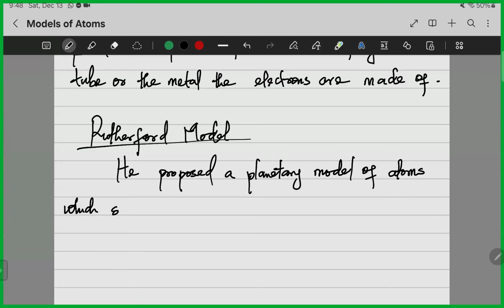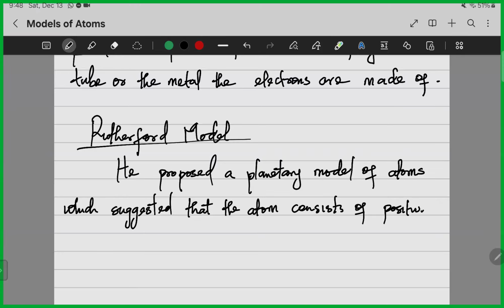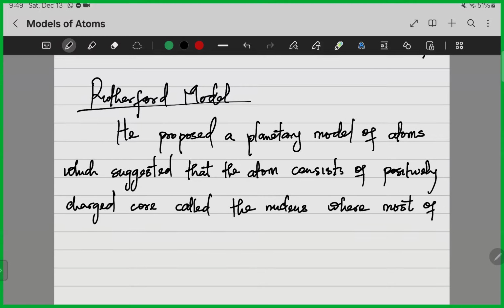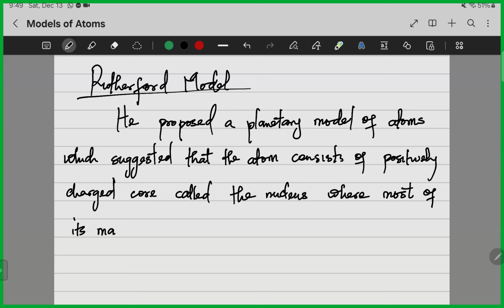He suggested that the atom consists of a positively charged core called a nucleus, where most of its mass, that is the mass of the atom, is concentrated.